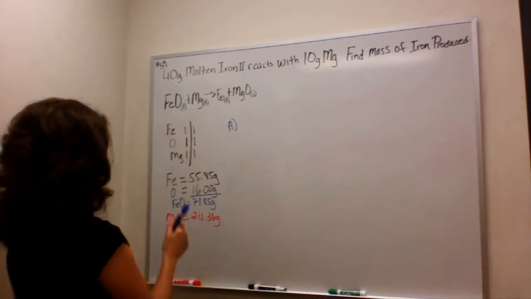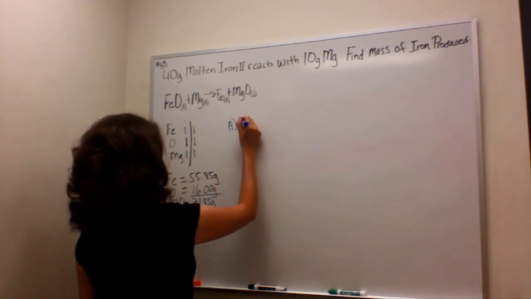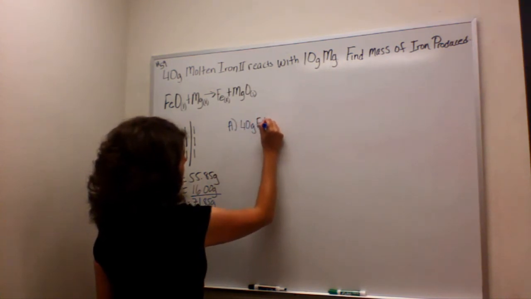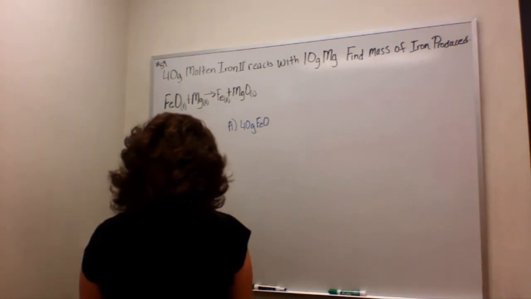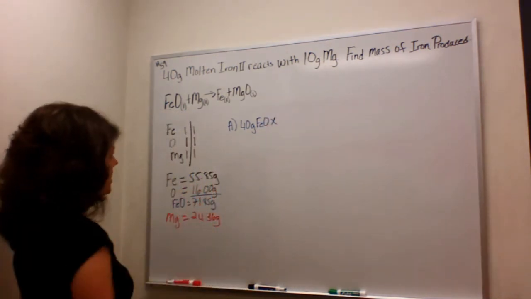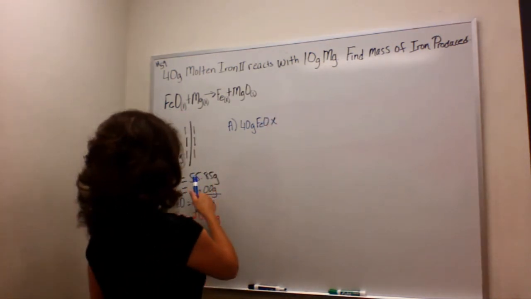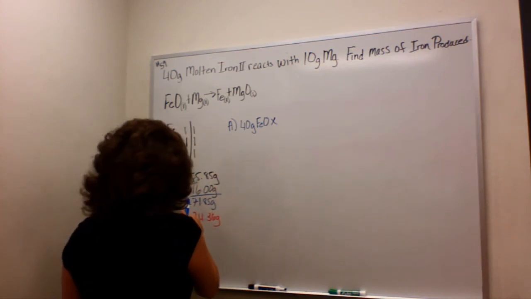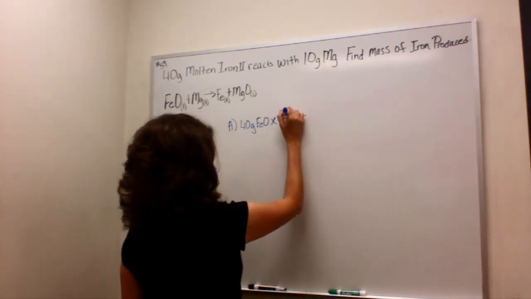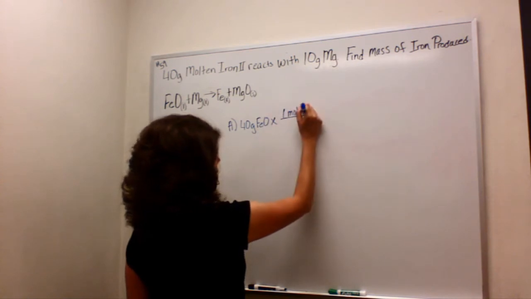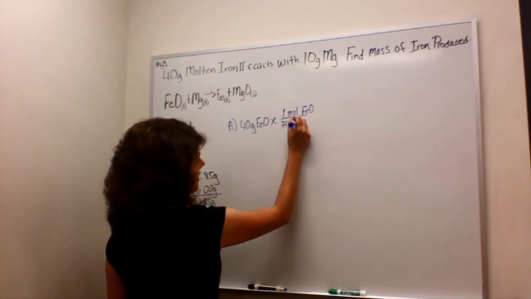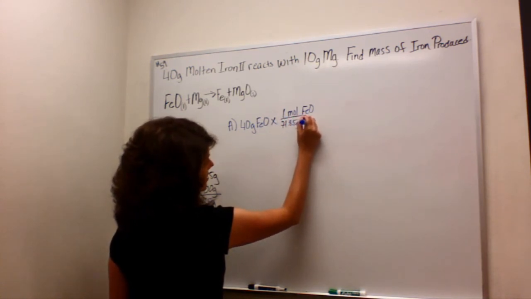We're starting with 40 grams of iron oxide. And we're going to utilize the numbers that we came up with to start, our iron oxide mass that we calculated over here, to convert it to moles. So 1 mole of iron oxide is equivalent to 71.85 grams of iron oxide.